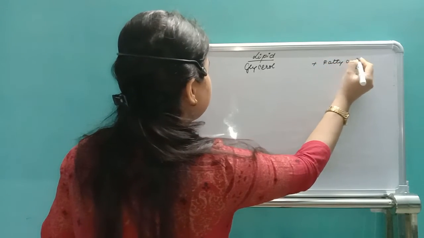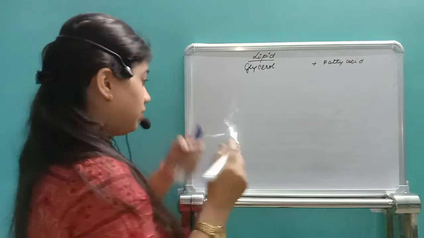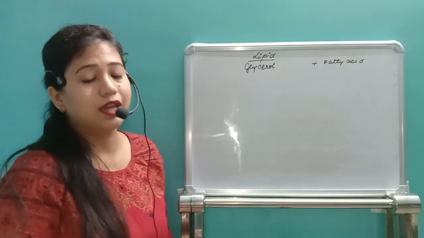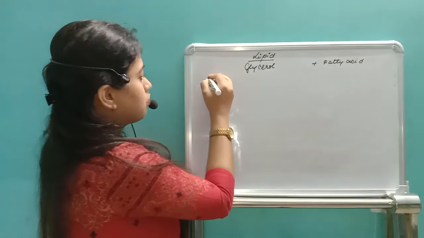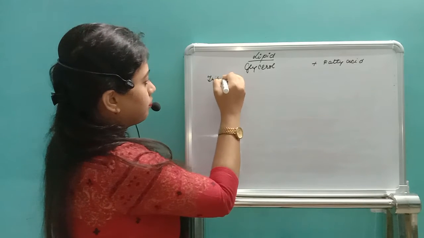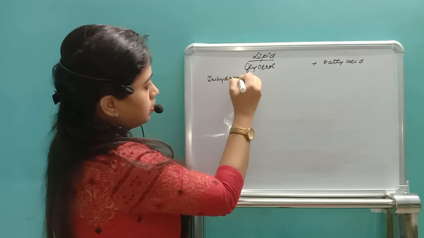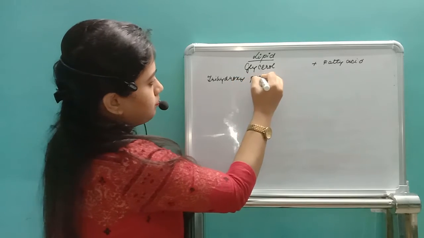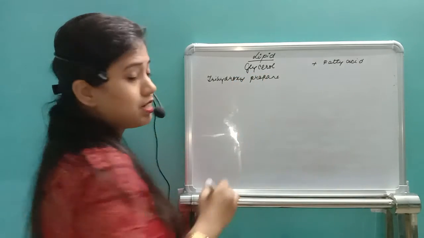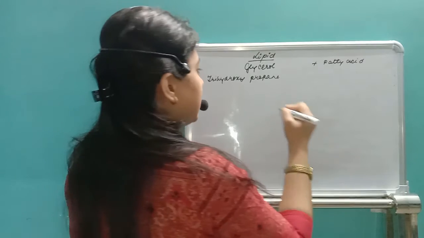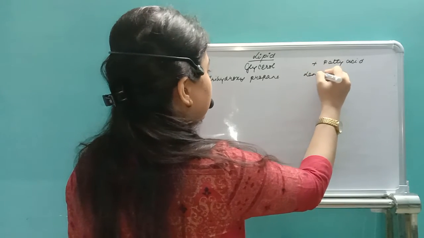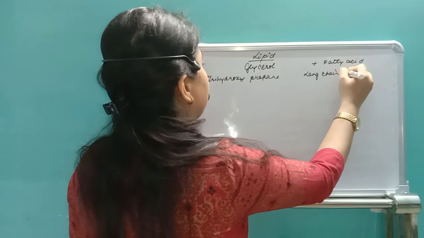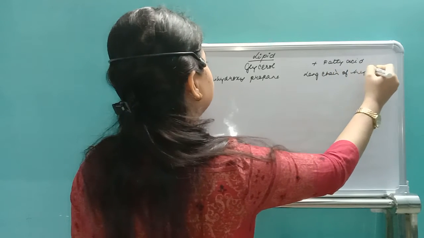Glycerol and fatty acid will be attached to each other by a bond called ester bond. Glycerol is also called trihydroxypropane, and the fatty acids can be a long chain of hydrocarbon.